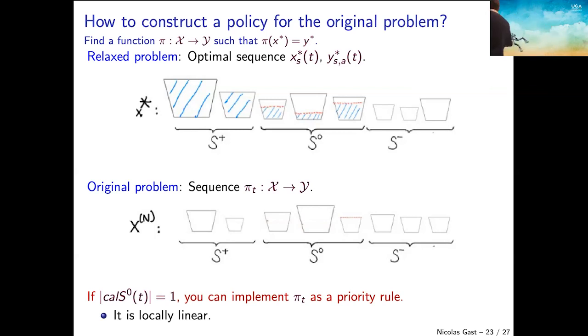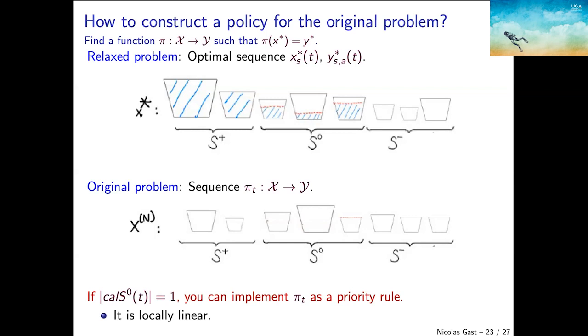Yeah, so the idea is that you look at X, you look at the XS, and when XS is equal to YS1, this means that S is an S plus. When XS is equal to YS0, it means that you don't choose to activate an action here. It means that S is an S minus.